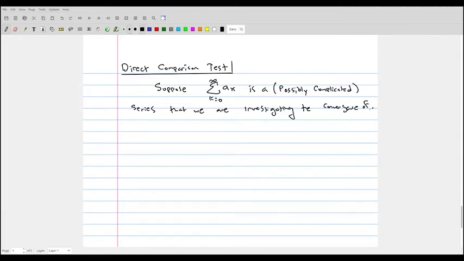So we're looking to find the convergence of this series. And one of the key assumptions of the direct comparison test is that the terms in the series all have to be greater than or equal to 0. They all have to be positive.